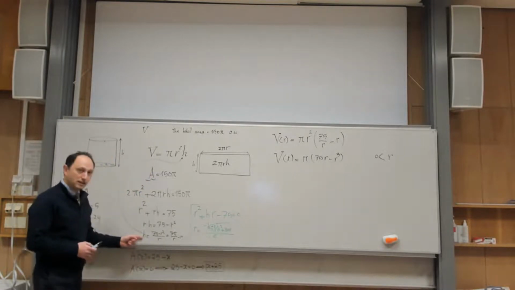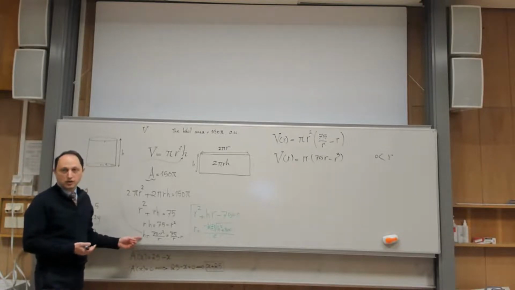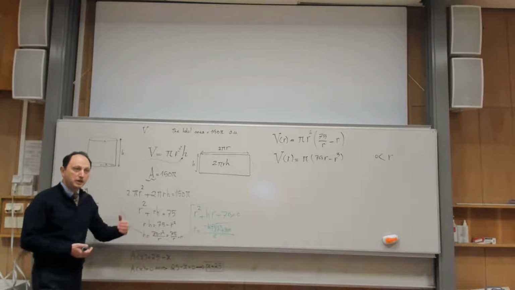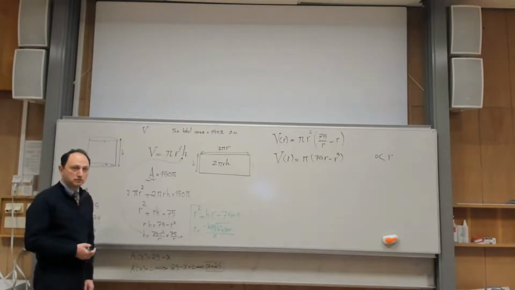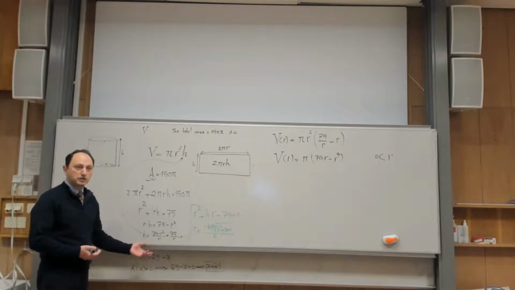I don't know why they have mentioned it here, but we can understand that. Look here at h. Can h be negative? No. h cannot be negative because that's also height. So this means that this will impose some limitations on how big r can be. For example, can r be 10? No, if this is 10, 75 minus 100 is negative.